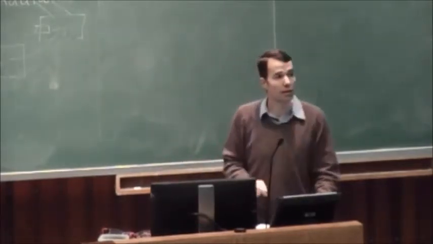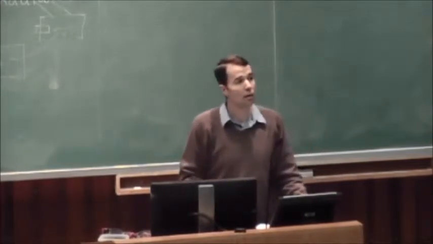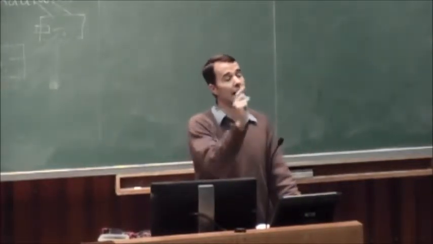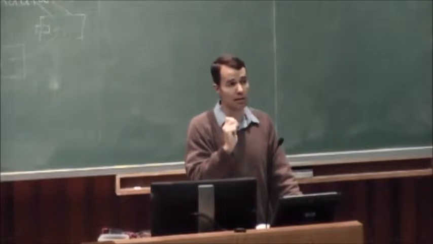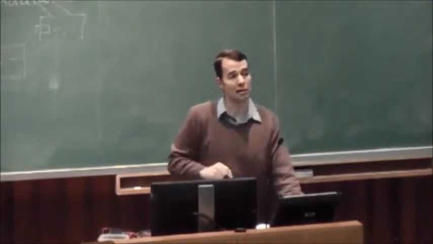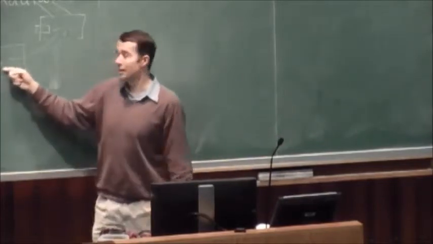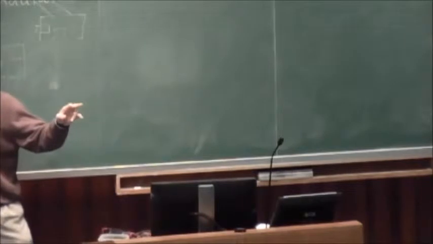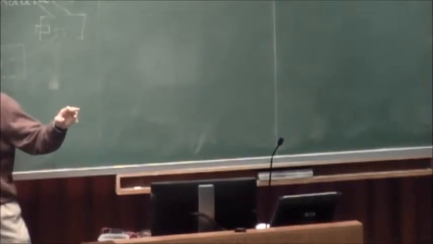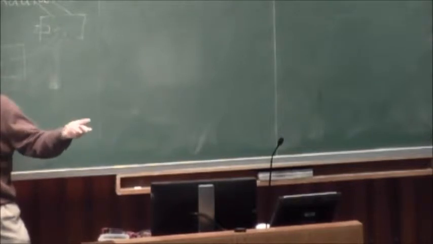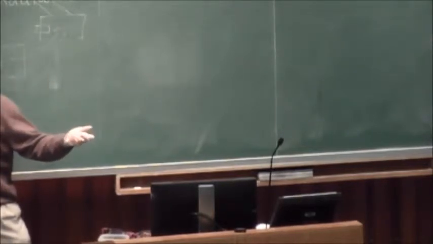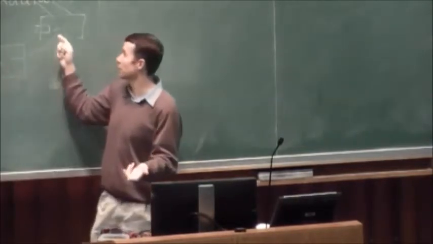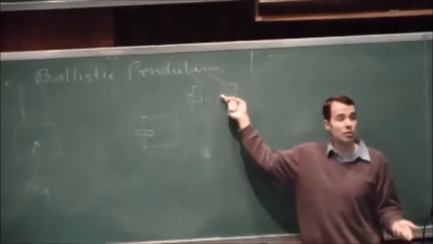Yes? If it's inelastic, how do you know kinetic energy is conserved? Kinetic energy is not conserved in an inelastic collision. But what I'm saying is, you're going to have this come in here, it's then going to be moving. So I think the question you have is, what about the kinetic energy of this bullet? Because the kinetic energy of the bullet has some value. Does that kinetic energy get transferred up into the mechanical energy of this two-part system?